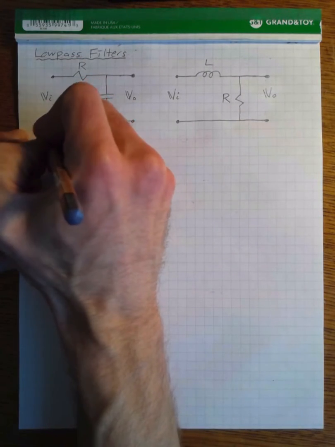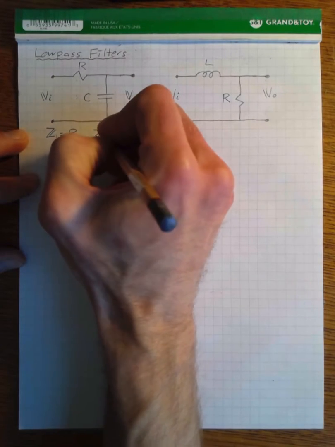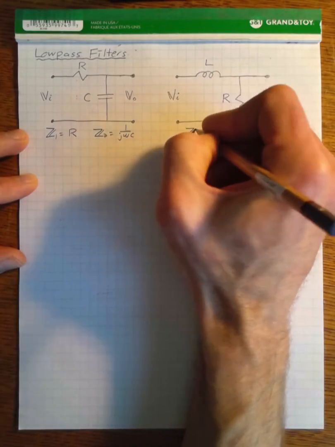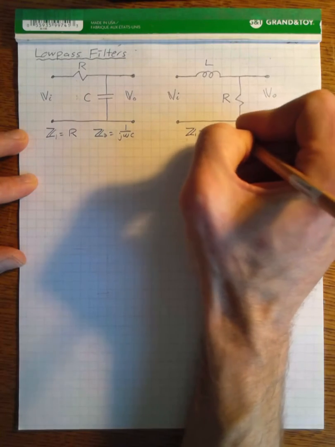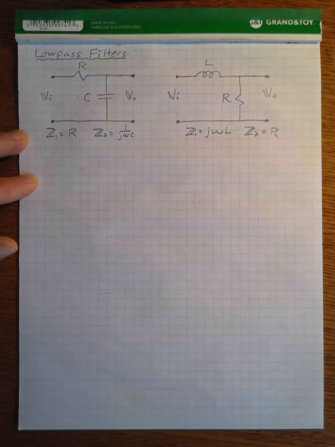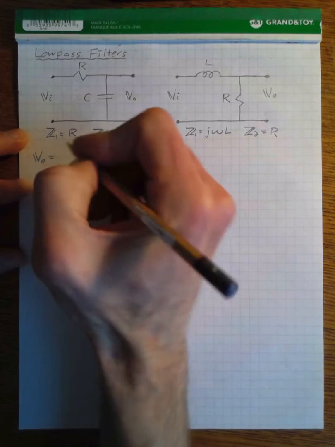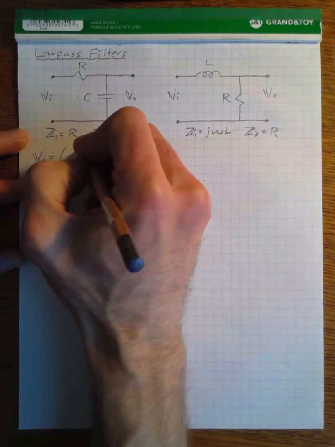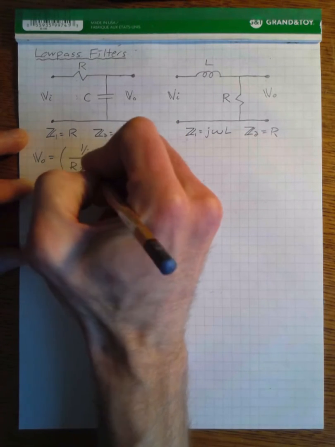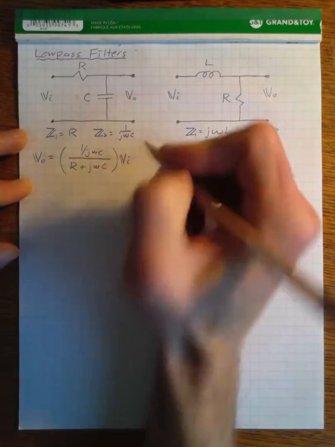And so in this structure, our impedance Z1 is equal to R, our impedance Z2 is equal to 1 over j omega C, and over here our impedance Z1 is equal to j omega L, and Z2 is equal to R. And so the output voltage for the RC circuit is equal to (1 over j omega C) over (R plus 1 over j omega C) times the input.